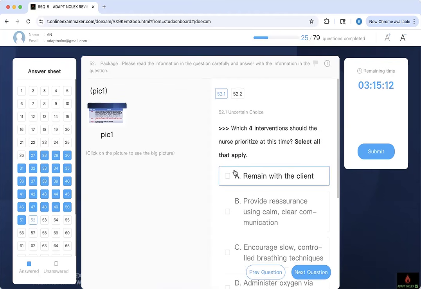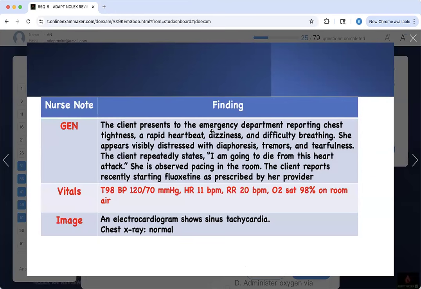Are you ready? This is two questions, but I want to test your brain about it. The client presented to the emergency department reporting chest tightness, rapid heartbeat, dizziness, and difficulty breathing. She appeared visibly distressed with diaphoresis, tremor, and tearfulness. The client repeatedly stated, I am going to die from this heart attack.